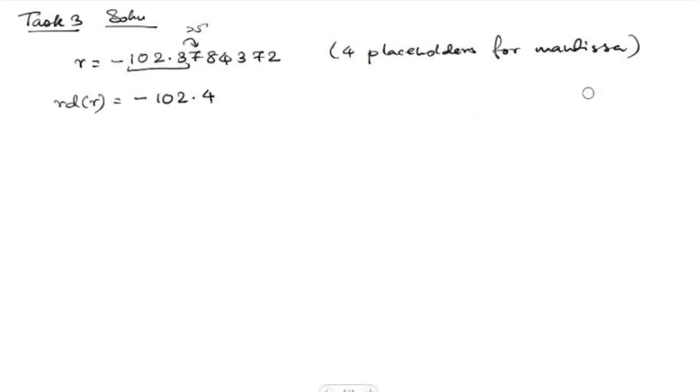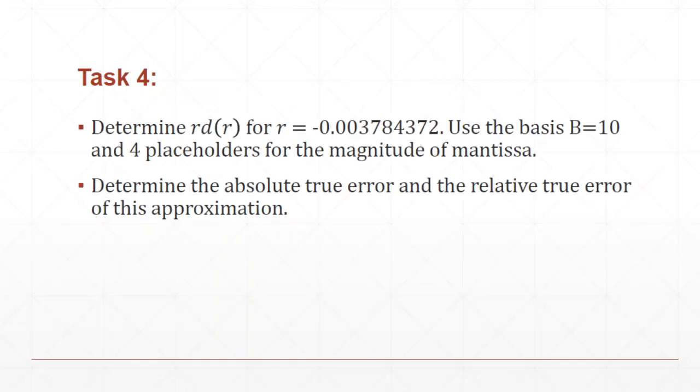And for the next task that we have, we have to determine the rounded value of r, another number given to us, and this time also we have 4 placeholders for the magnitude of the mantissa.